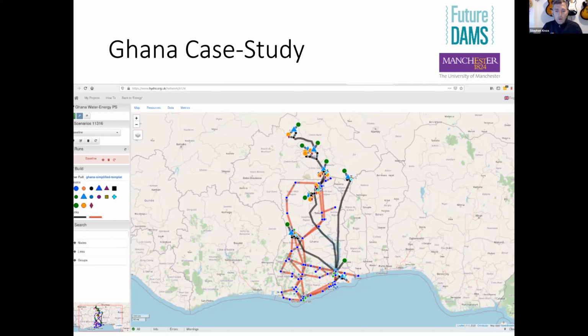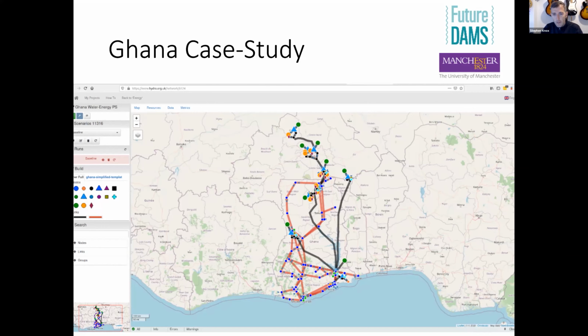What I didn't get to show, and I was going to do it in a demo, is the stakeholder interaction aspect to this, where you can create lots of dynamic graphs. You can share this network that you're looking at with whoever you want to. They'll get an email to say, Stephen has shared this network with you.